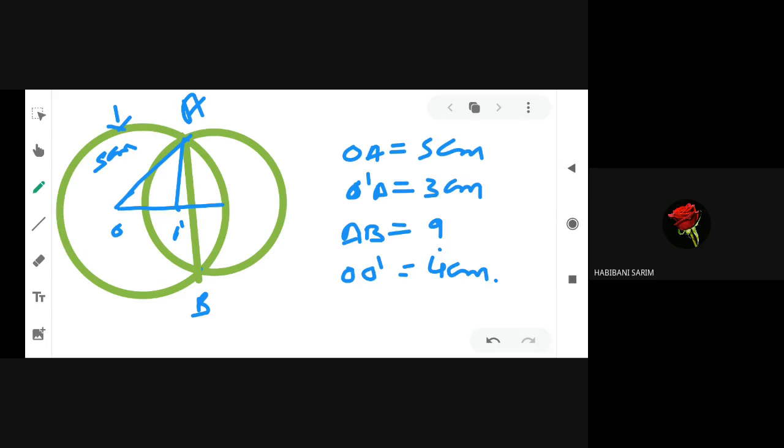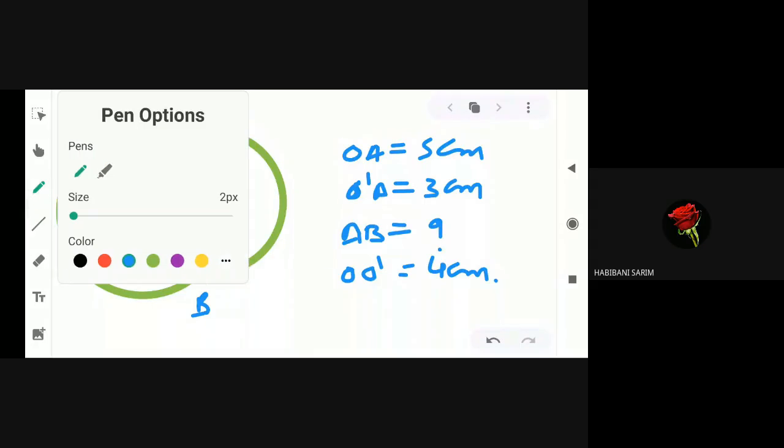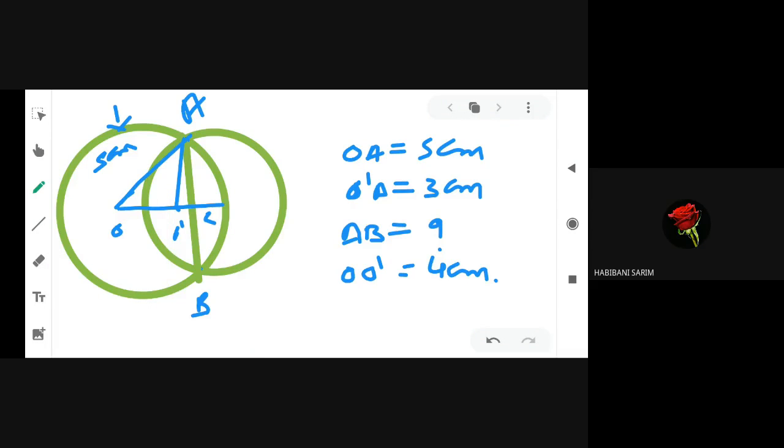Now what do we have to find? The length of chord AB. Now first of all, we don't know how we can find it, so I assume a point C here, okay. This distance OA is 5 centimeter, given. OO prime distance is 4 centimeter, given.